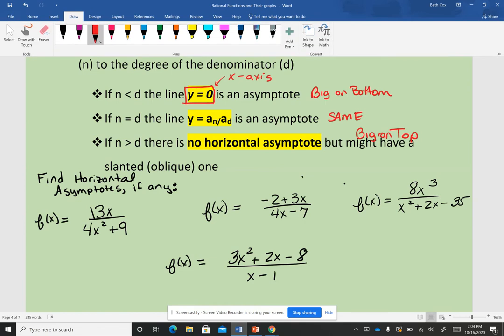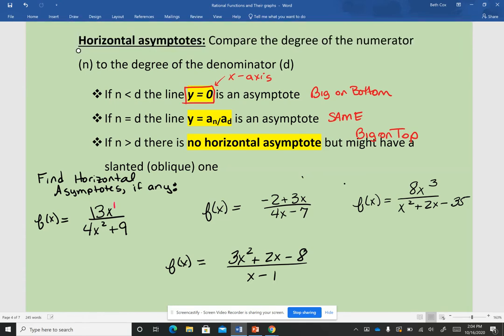Okay, first example. We need to know the degree of the numerator and the degree of the denominator. This is a really small polynomial. The numerator has a degree of 1, and the denominator has a degree of 2. So this one is big on bottom. The denominator is bigger, so our horizontal asymptote is the line y equals 0.